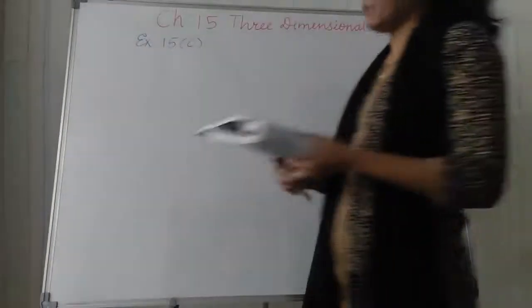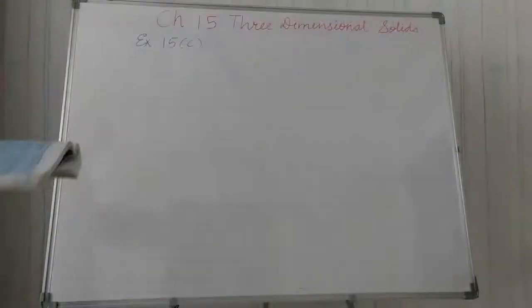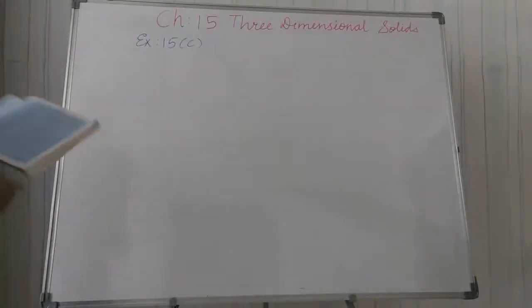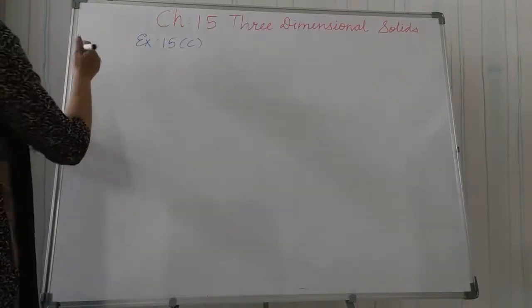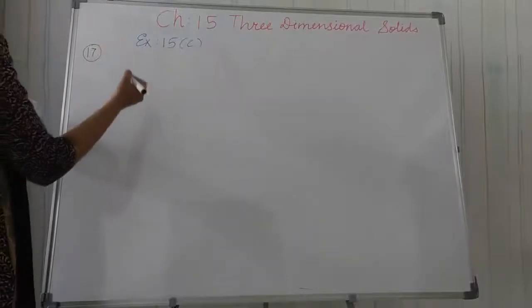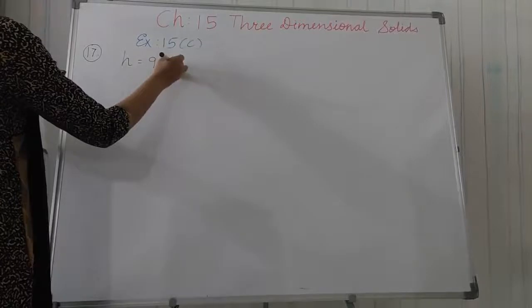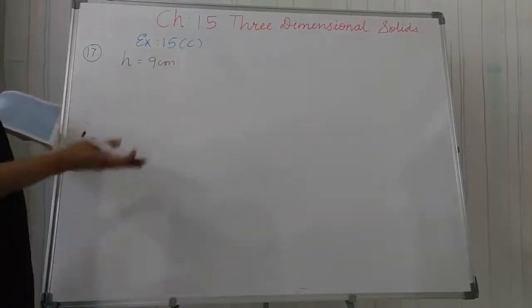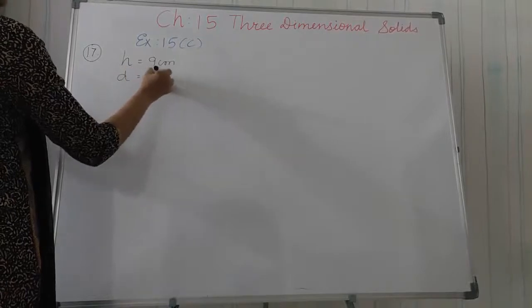Question number 17. In this question, the volume of a cone is the same as that of a cylinder whose height is 9 cm and diameter 40 cm. Here we are given height 9 cm, and diameter is given 40 cm.